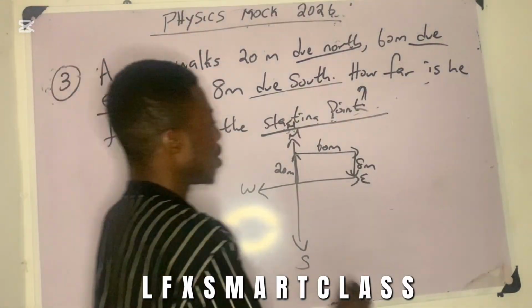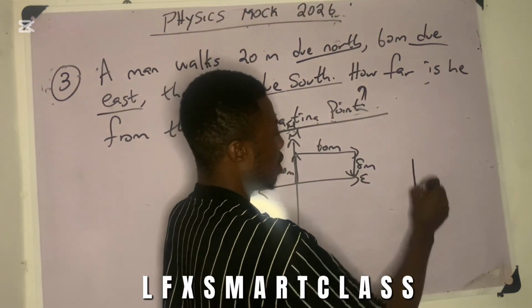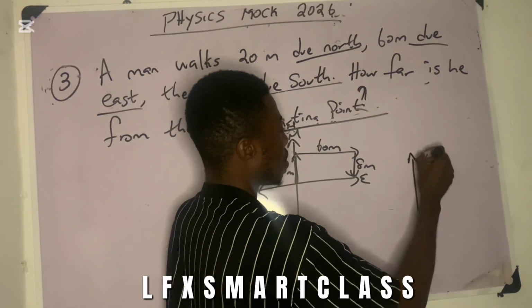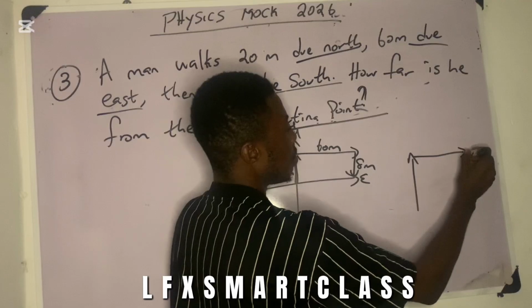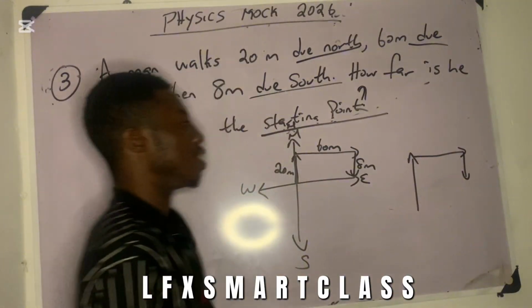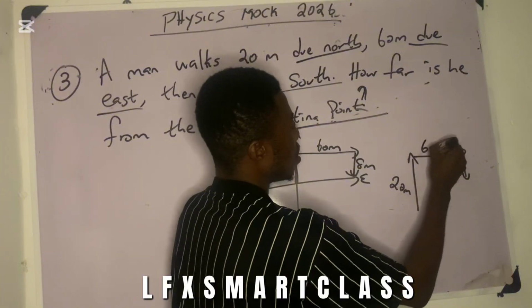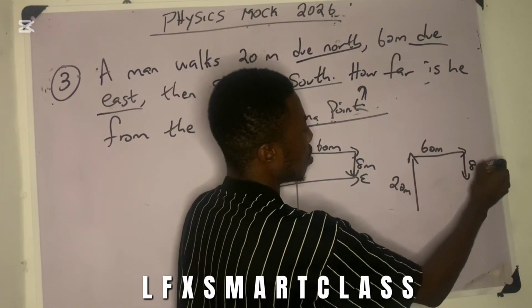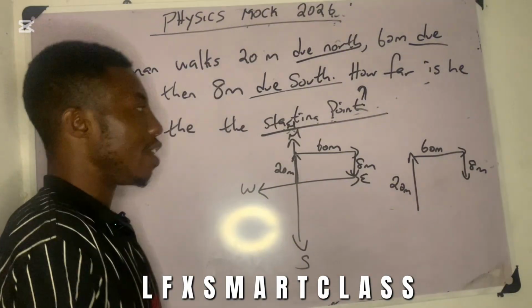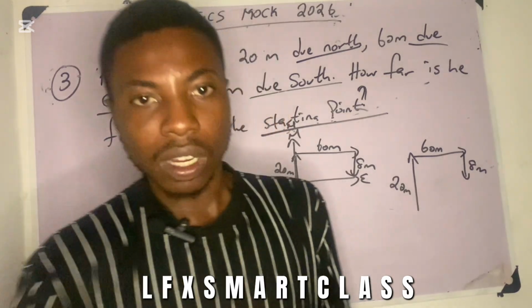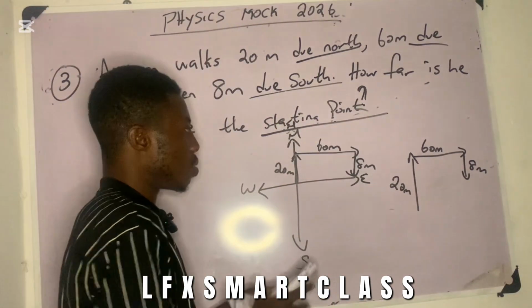So at the end of the day, the diagram will look like this. So this is 20 meters, this is 60 meters, and finally this is 8 meters.